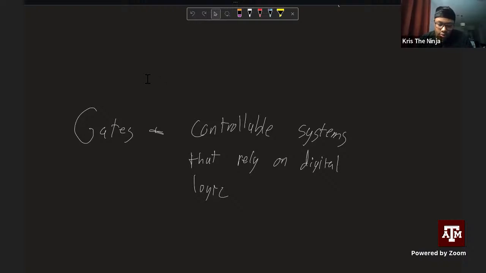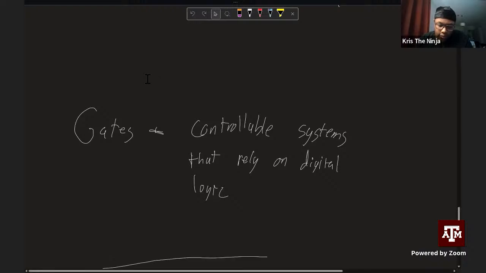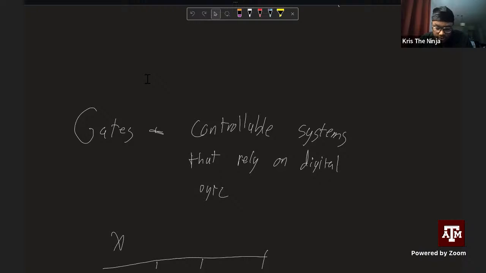you have a case where you want only something out if both inputs are true. So let's say we have x, y, out.